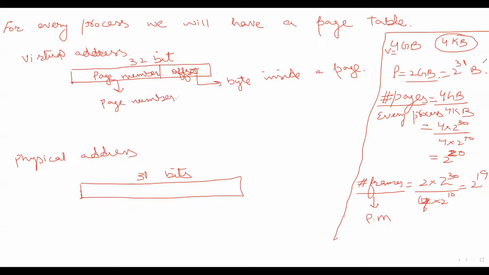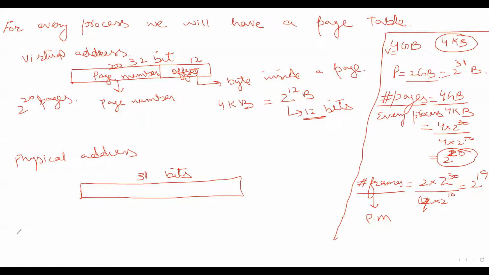Here we have a 4 KB page, so 4 KB will be 2 raised power 12 bytes. That means we will require 12 bits as offset. So 12 bits will be offset and 20 bits will be page number. Using this virtual address, we can have 2 raised power 20 pages. So as I said, 2 raised power 20 pages are possible for every process.